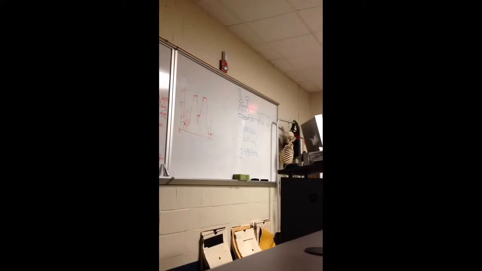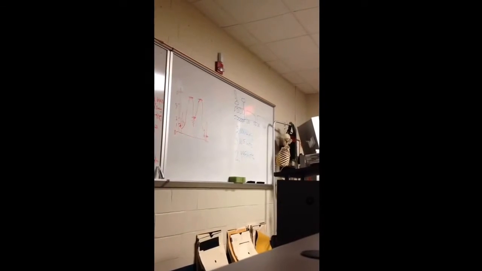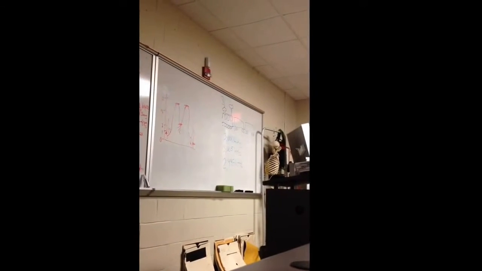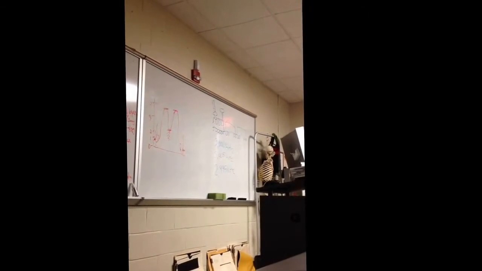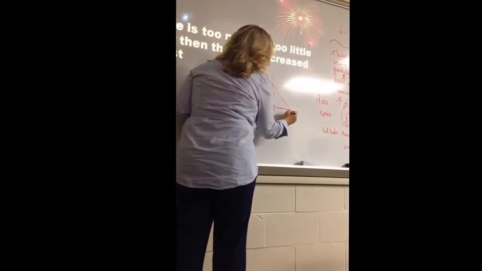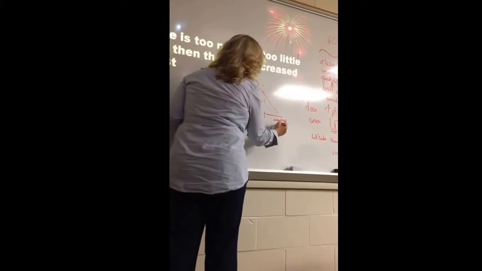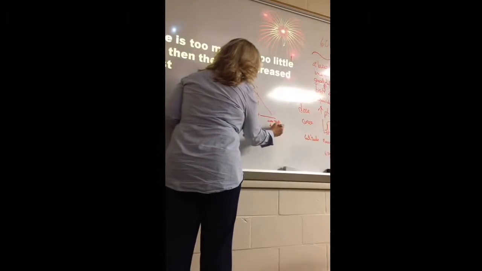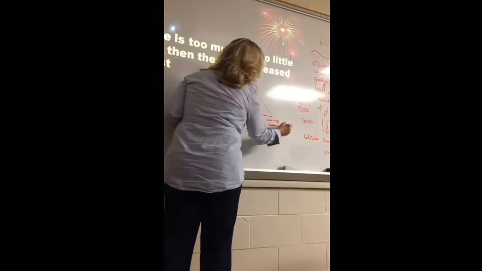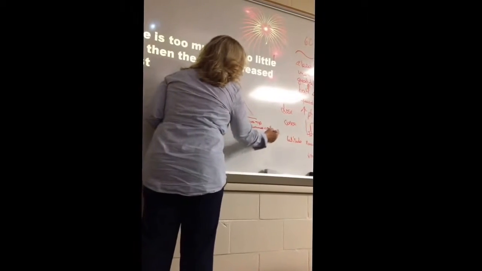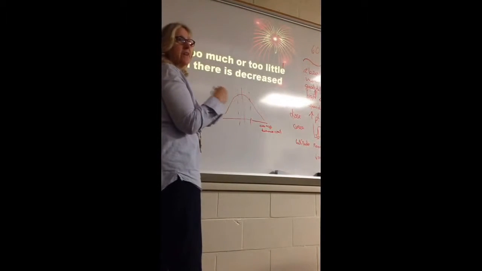Remember, when we do our whole scale of acceptable and non-acceptable images, what did we say about this end? These are overexposed up here, and they have decreased contrast, so they're a longer scale of contrast.